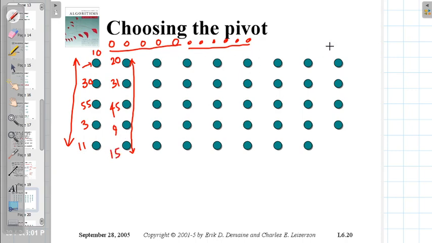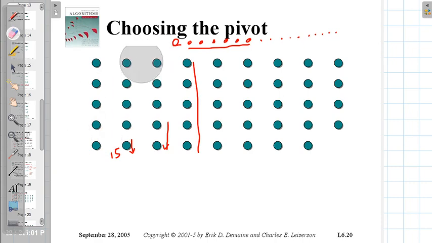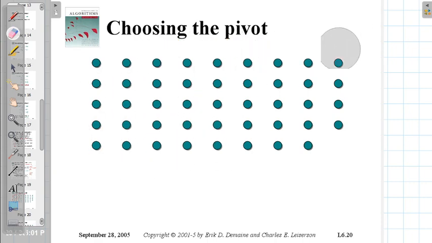So all these elements were there. I will not clutter the picture right now, okay.